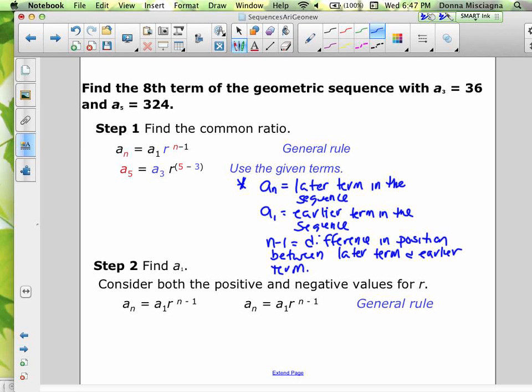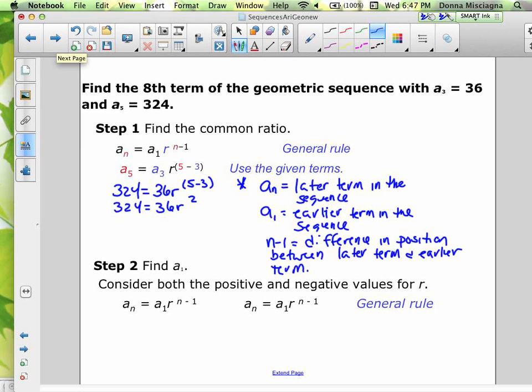All right, so our later term in the sequence is 324. It's the 5th term as opposed to the 3rd term. Equals the earlier term in the sequence, 36. We're looking for R, and it's 5 minus 3 is the difference in their position. All right, so now let's simplify. 324 equals 36R squared.